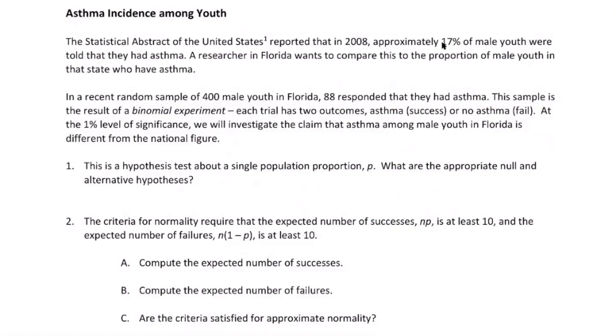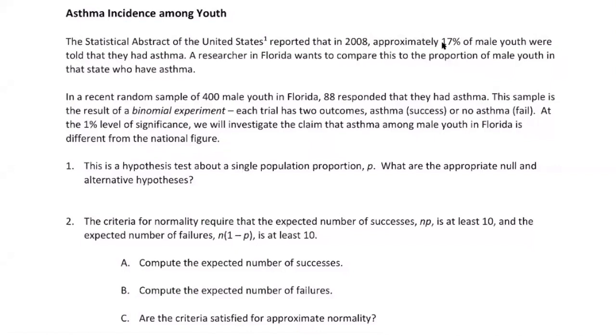This sample is the result of a binomial experiment. Each trial has 2 outcomes: either you have asthma, which is a success, or no asthma, which is a fail. At the 1% level of significance, we want to investigate the claim that asthma among male youth in Florida is different from the national figure.